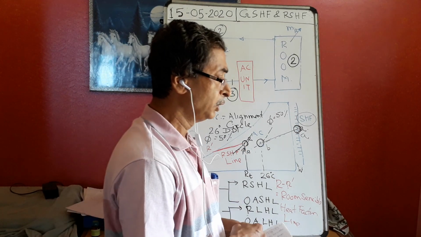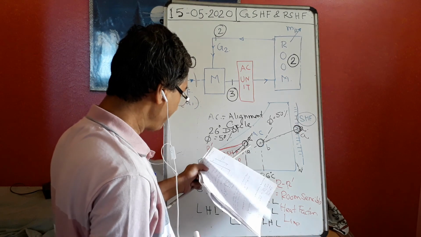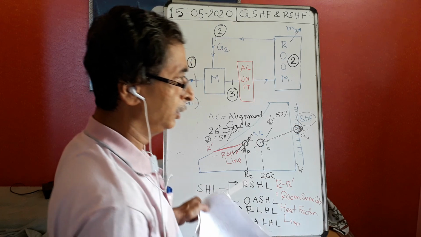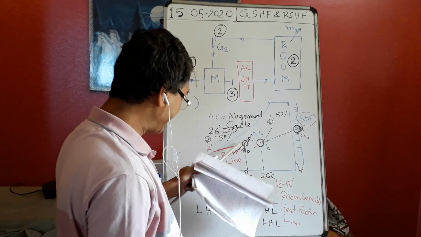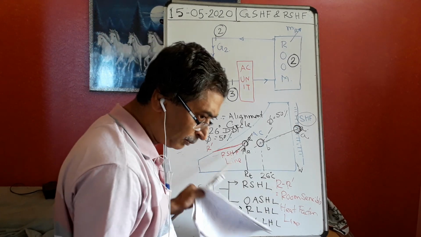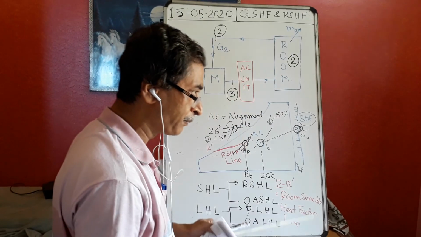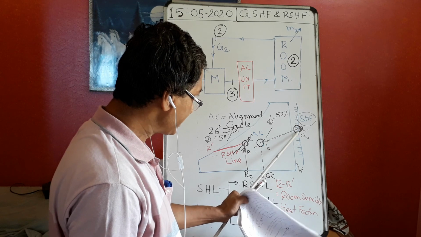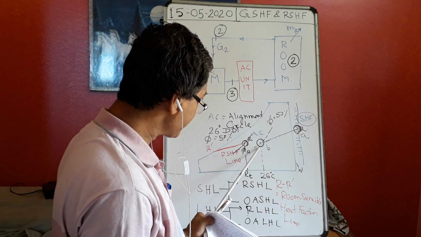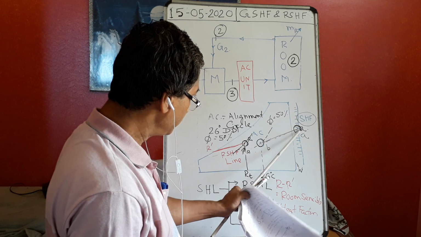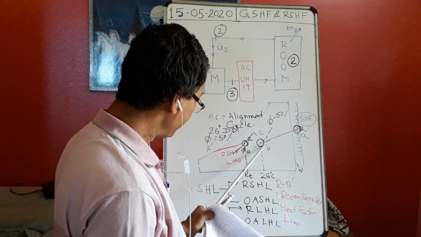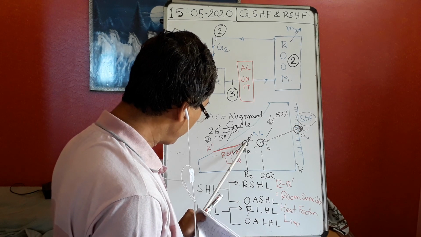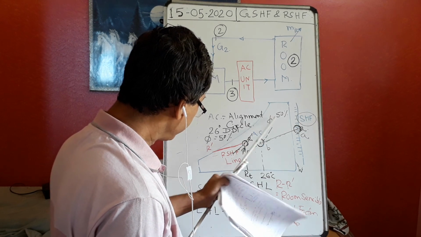Then what have we learned? We have learned how to draw the room sensible heat factor line. Why it is required will be explained. First we learn the technique; this is one of the techniques, there are other techniques also. Where we started: I know the room sensible heat factor, I know the alignment circle, I draw a line joining A and B. I know the room condition on the psychrometric chart, the room temperature and the relative humidity.